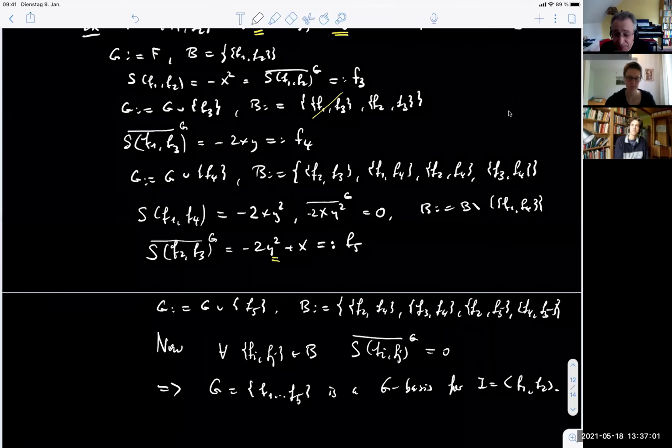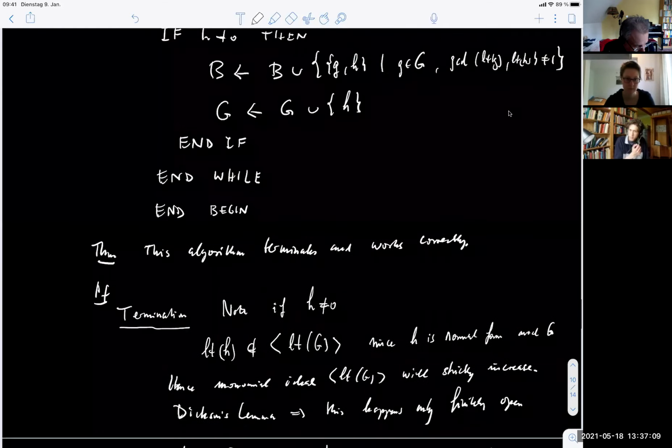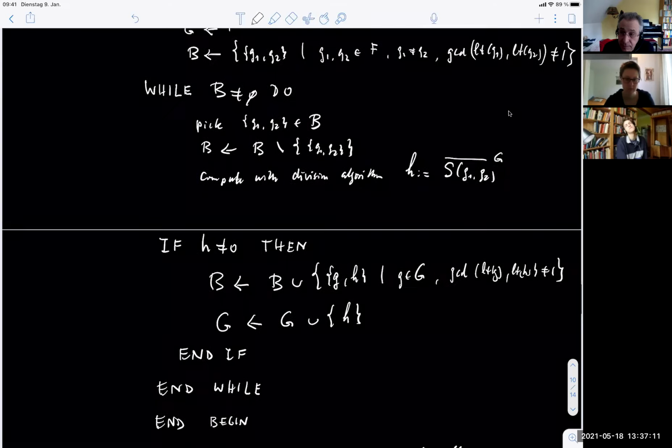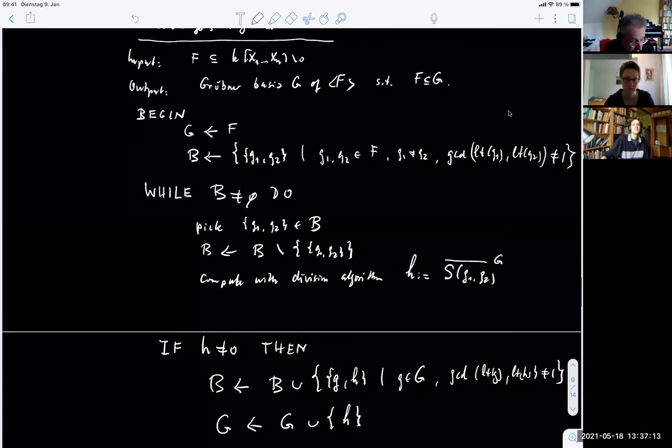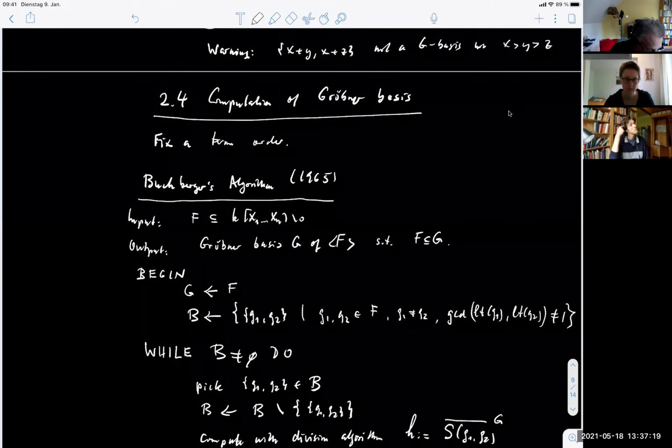Okay, so could we go back to the lemma or to the theorem where we computed some least common multiple to show some intermediate step? It was Buchberger's first criterion.